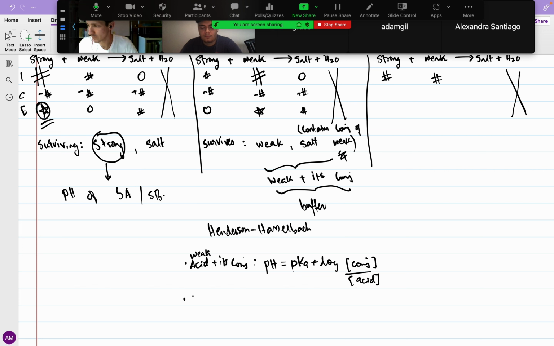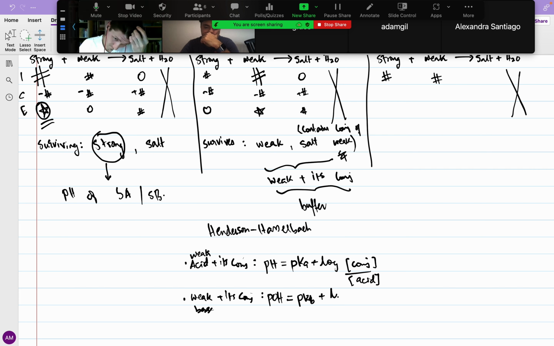If you have a weak base and its conjugate, then literally just change the whole formula to its basic counterpart. The basic counterpart for pH is pOH. The basic counterpart to pKa is pKb.